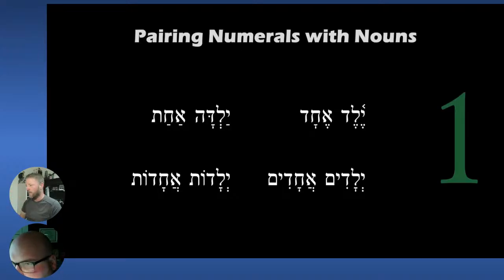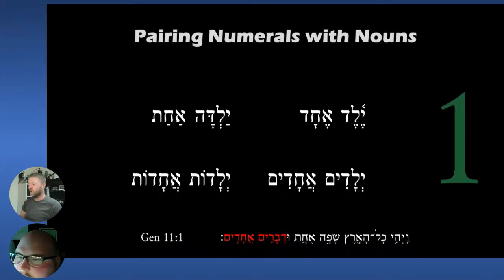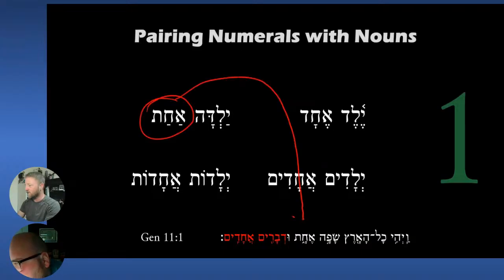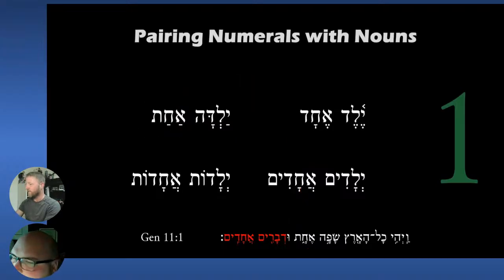It means some. So there's an example that's very clear from Genesis 11:1. It says, "Vayhi chol haaretz safa echat." Notice achat, the feminine, in pause takes that long vowel, and you can't have a dagesh in front of it, so it says echat, even for feminine. Safa echat, one language.